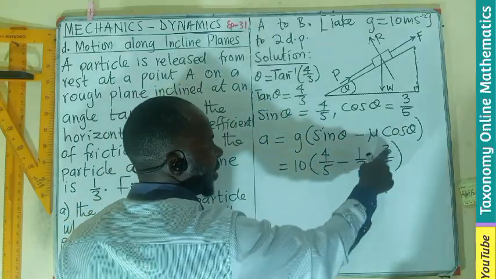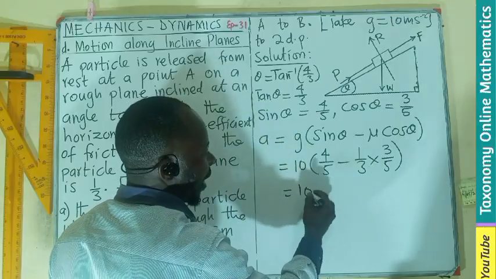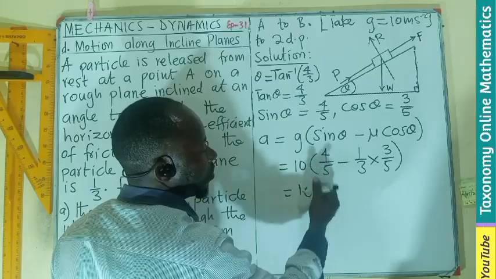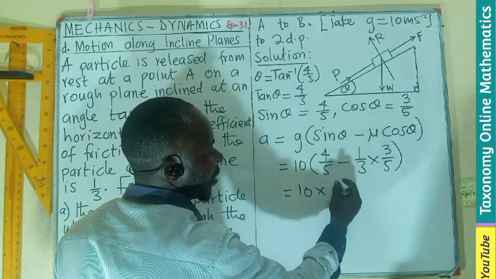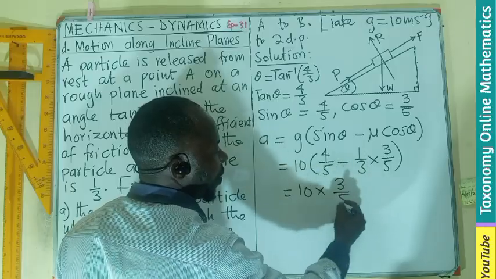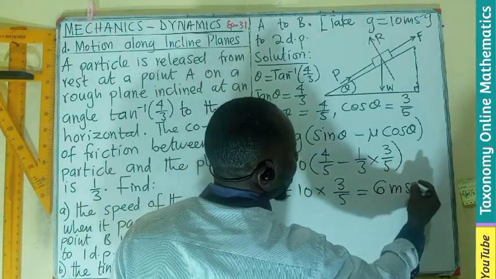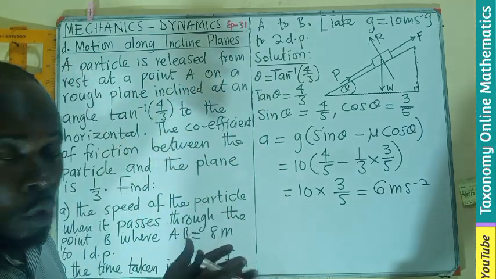Right here, this cancels this. We have 1 out of 5 times, what is it going to be? This is going to be 4 minus 1, 3 out of 5. This goes here, 2, that gives us 6 meters per second square. The acceleration is now known.